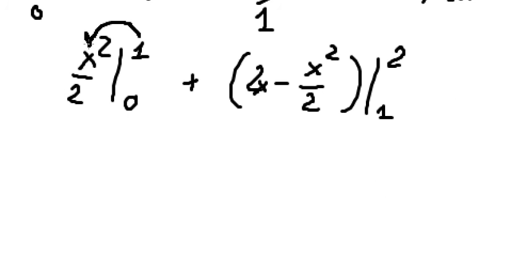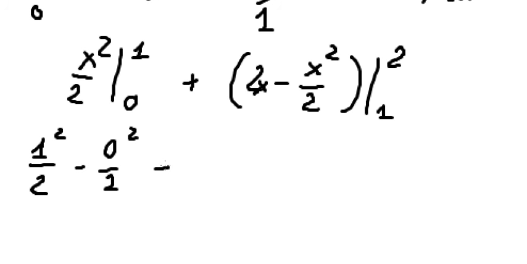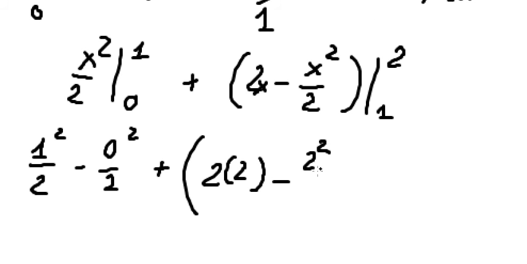So we put number 1 going here, number 0 going here. So we have 1 squared over 2 minus 0 squared over 2. This one we put number 2 going here. So we have 2 multiplied by number 2 minus 2 squared over 2, minus 2 multiplied by number 1 and number 1.